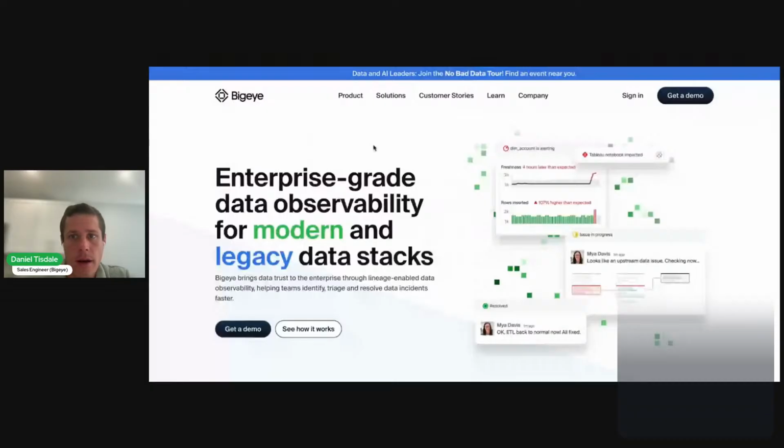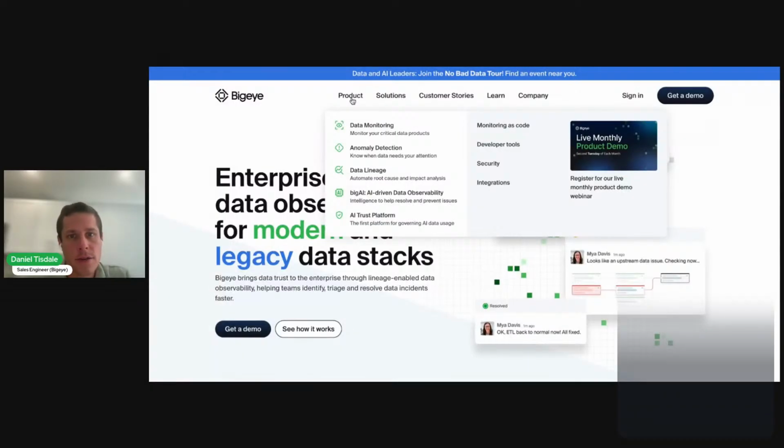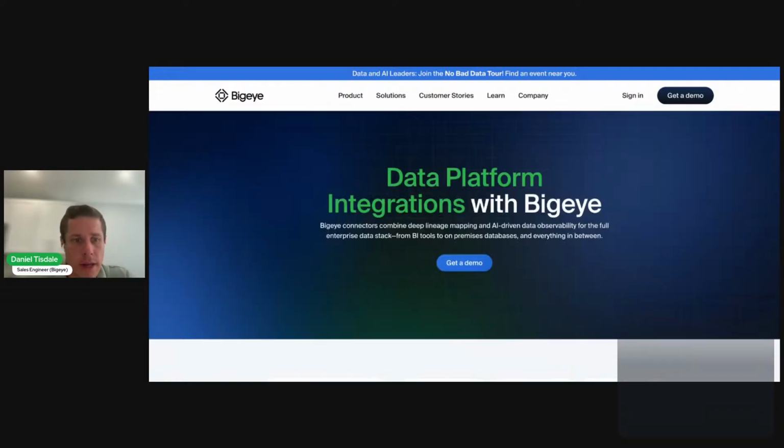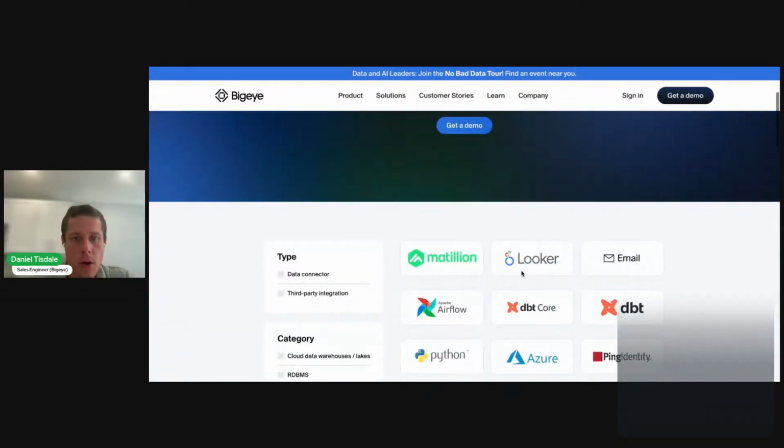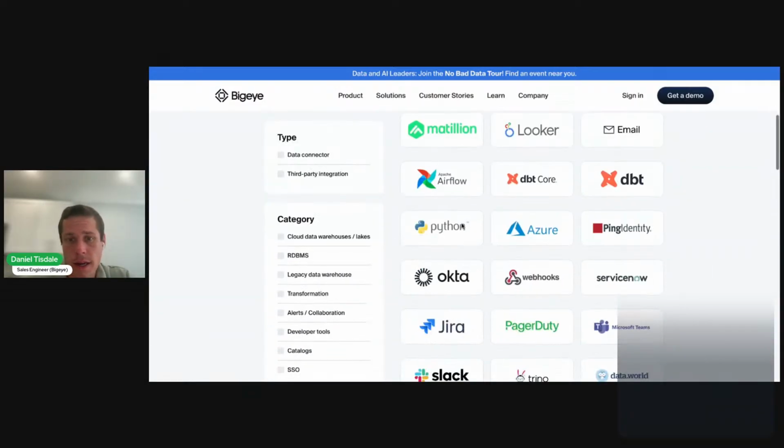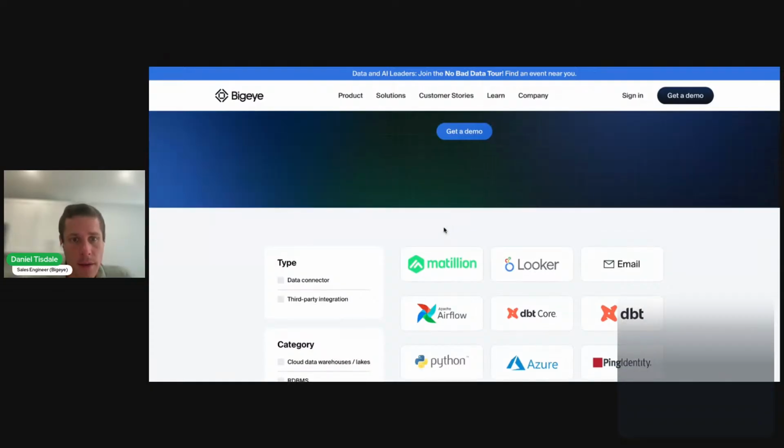So we've got a very robust library of integrations and connectors. If I go to bigeye.com under product, I can click on integrations. This will show me all of the existing integrations that we have, as well as future ones that are coming down the pipe.